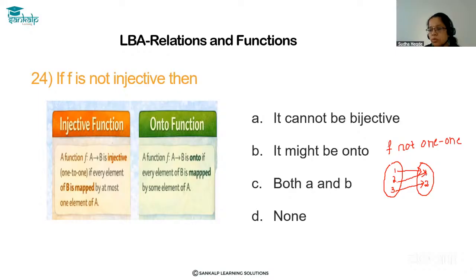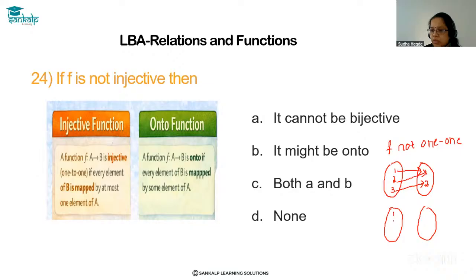It is onto because it is mapped to both the elements of the codomain. It is not one-one because both 1 and 2 map to 1 itself. In this case, it's not injective, but it is onto.